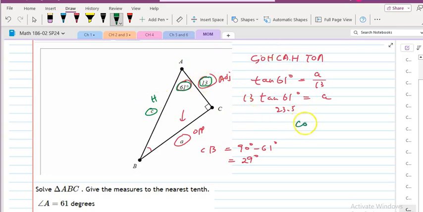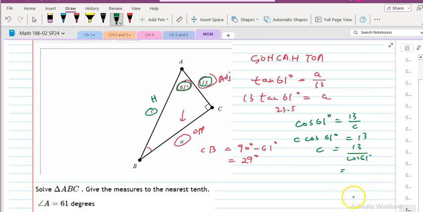So I would use cosine 61 equal to adjacent, which is 13, over hypotenuse, which is C, that I don't know. So I'm going to multiply by C on both sides. C cosine 61 would equal 13. And then I divide by cosine 61. C is 13 divided by cosine 61.